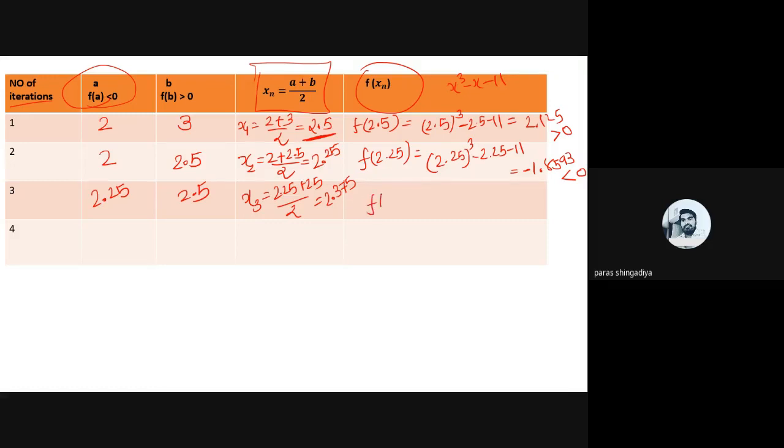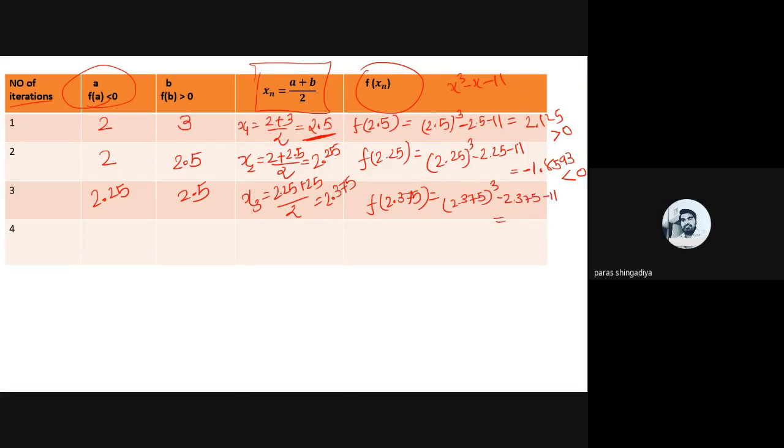And then check f of 2.375. That is x cube minus x minus 11, so 2.375 cube minus 2.375 minus 11.